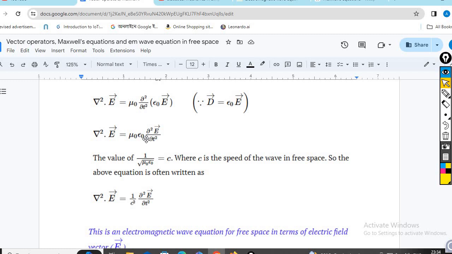From this derivation, Maxwell was able to conclude that an EM wave or a light wave has fluctuations of electric field and magnetic field in perpendicular directions, and the velocity of light is equal to c, 3 × 10⁸ meters per second.